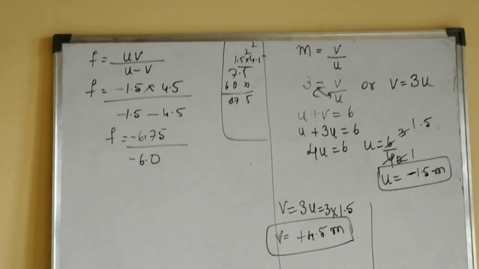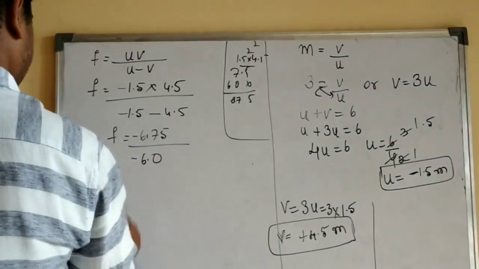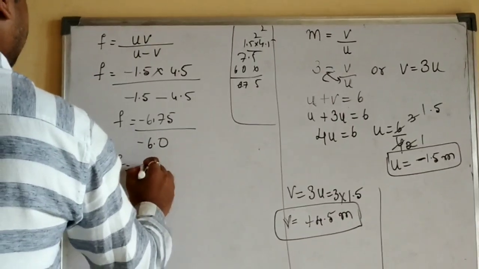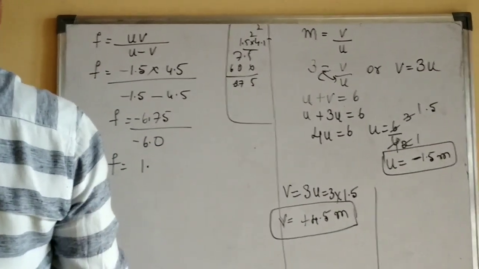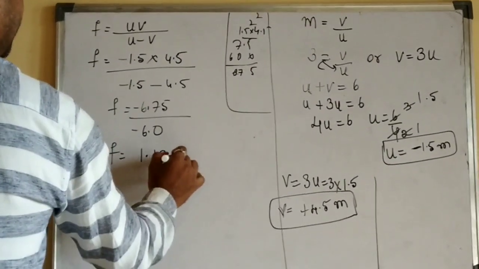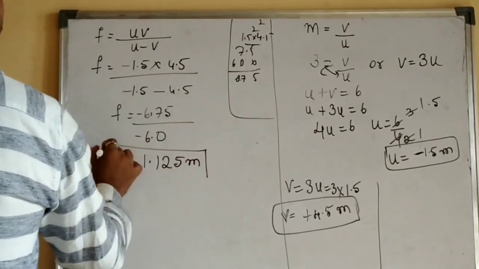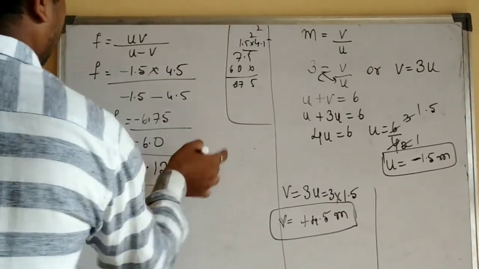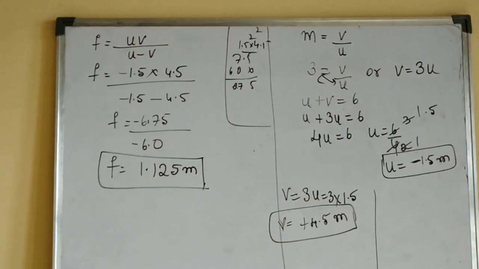If you simplify that, you will get F equal to 1.125 meters. The focal length you got is 1.125 meter.